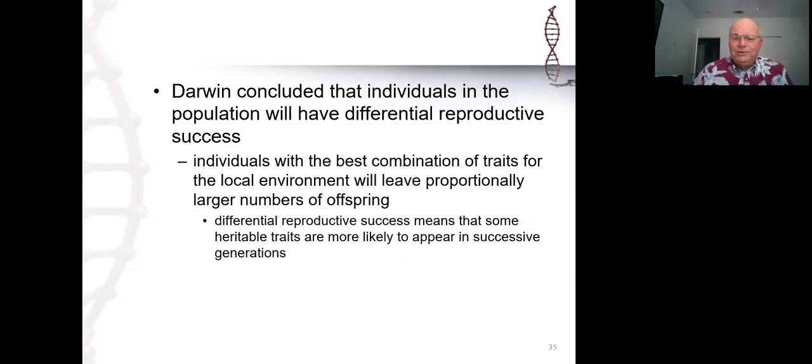Those are the individuals in any generation of the species that are most likely to thrive, and most likely to thrive and survive to reproductive age. And as a consequence of thriving and surviving to reproductive age, they're also the individuals who are more likely to leave behind offspring. In fact, they're going to leave behind more offspring than the quote unquote losers.